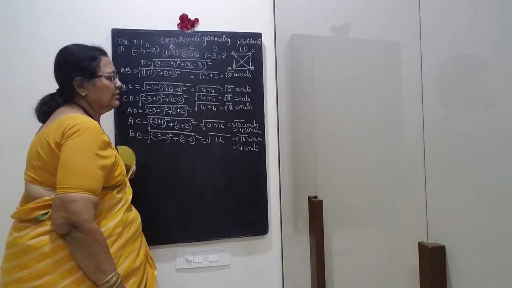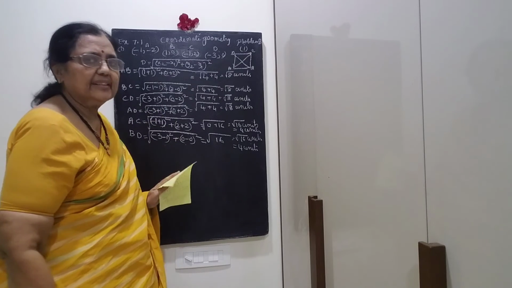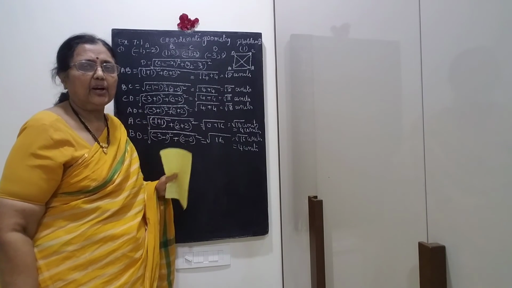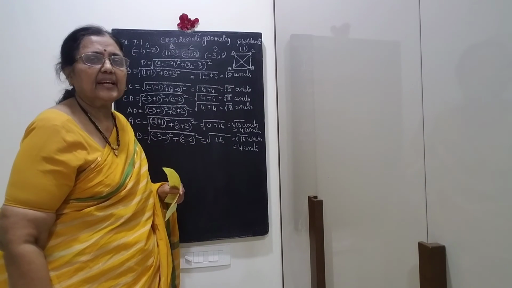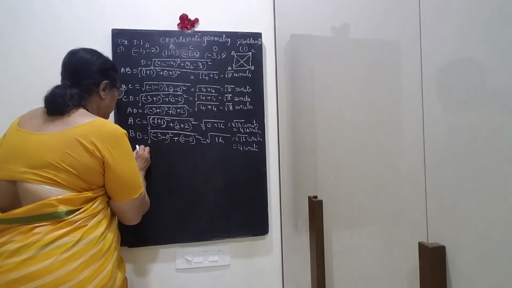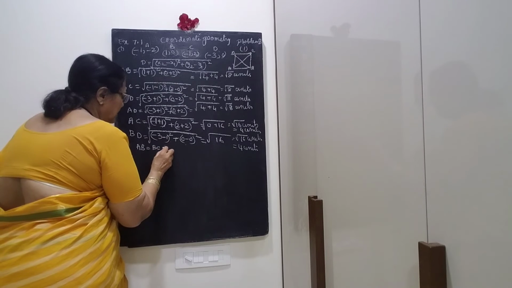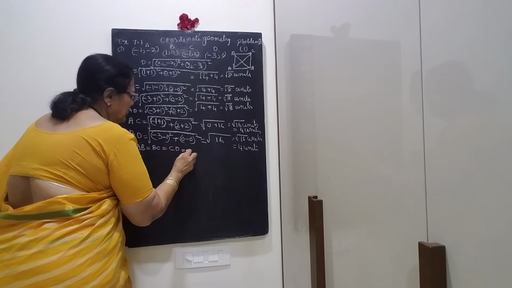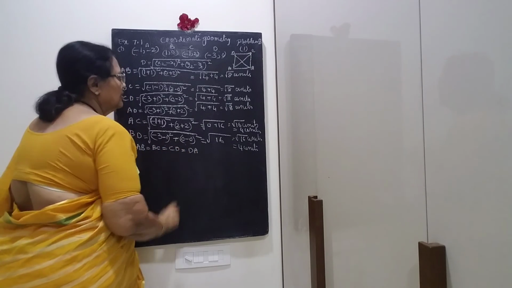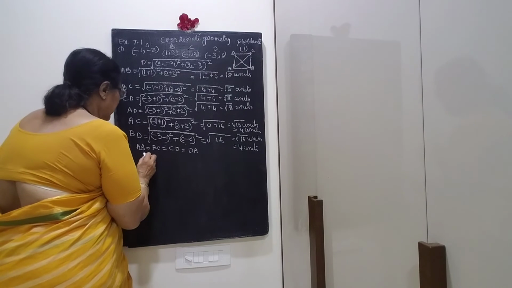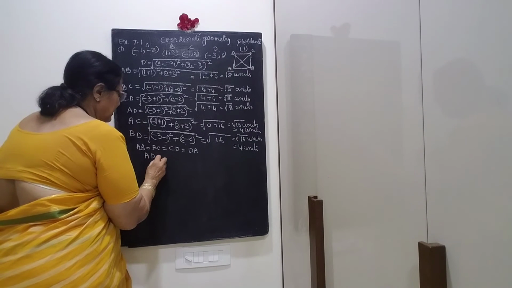So what can you conclude now? All the sides are equal and also the diagonals are equal. Therefore AB is equal to BC is equal to CD is equal to DA, and AC is equal to BD.